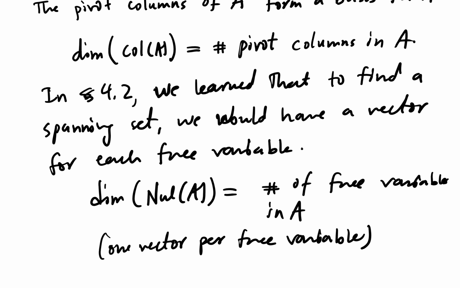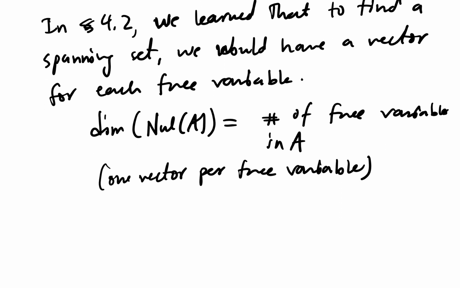Now, what we can do, we can look at an example. Let A be 1 0 0 4 0 0 2 1 0 1 negative 3 1.